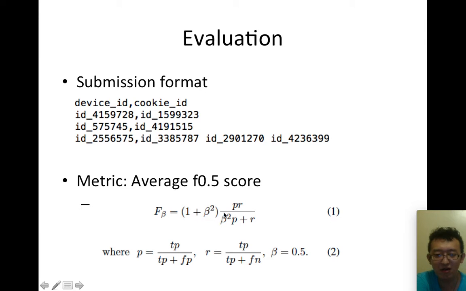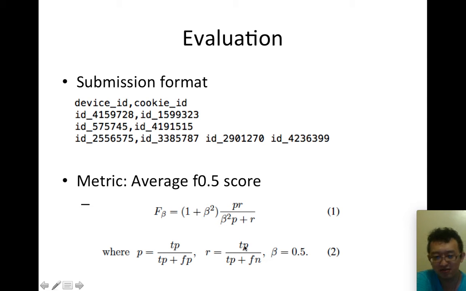It's calculated based on Formula 1. Here we first need to know the precision and recall. P stands for precision, R stands for recall. Precision is defined as the number of true positives divided by the sum of true positives plus false positives, so basically the number of all the positive predictions.